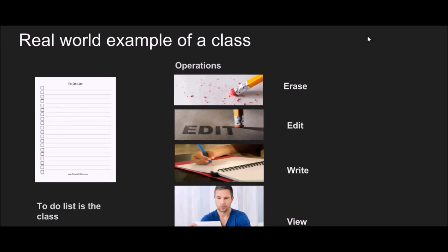And at the end, you view the whole list to make sure that everything's fine. Those are the operations that you can do in a to-do list. If you look right here on the right side, you have those functions that you can do. I hope you got an idea of what a class is right now. I don't want to get into a lot of detail because this will really complicate things, so I hope this example will give you basic knowledge of what a class is.